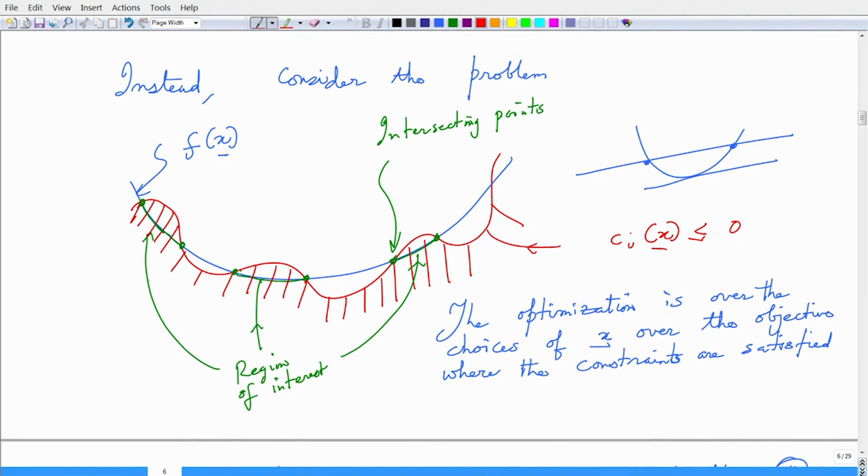Now, let us see how this problem can be interesting and also non-trivial. Let us consider this problem here. I have this curve f of x, which is this blue curve.